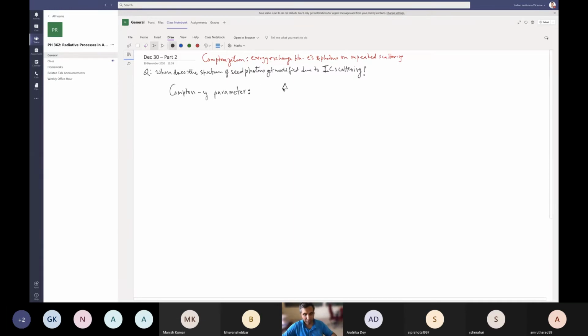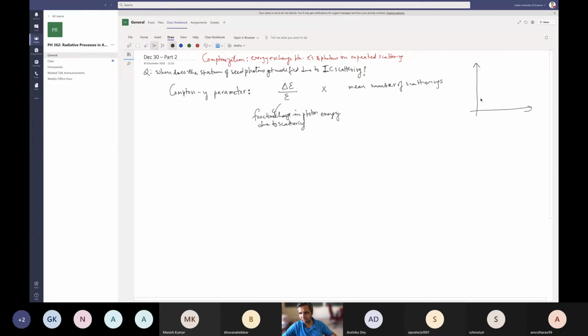One is the fractional change in photon energy due to scattering, times the mean number of scatterings, right?